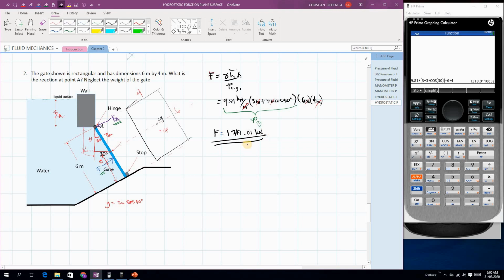So yung formula, again, formula natin sa distance E is ICG, moment of inertia about the centroid over area y bar. So yung y bar natin is yung distance natin along the plane. Okay. So along the plane.